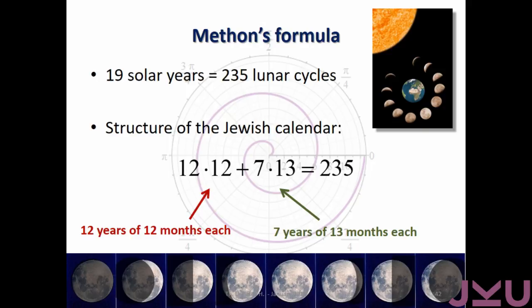Within 19 years, you have exactly 235 lunations. And you can divide that into 12 years of 12 months and 7 years of 13 months. And so you have a calibration of your calendar that respects both the seasons and the year.